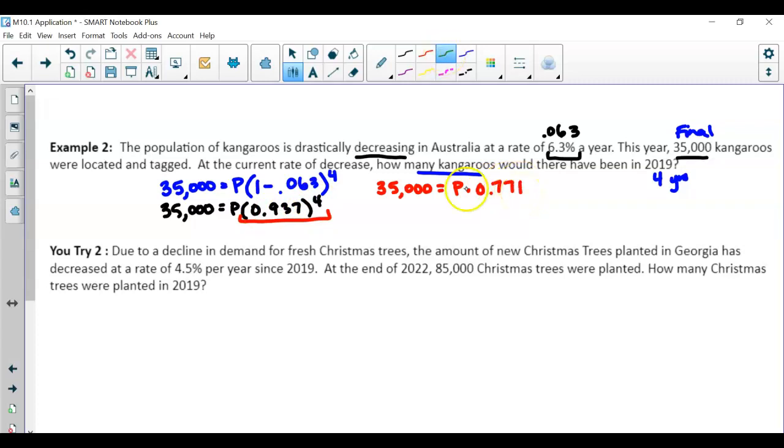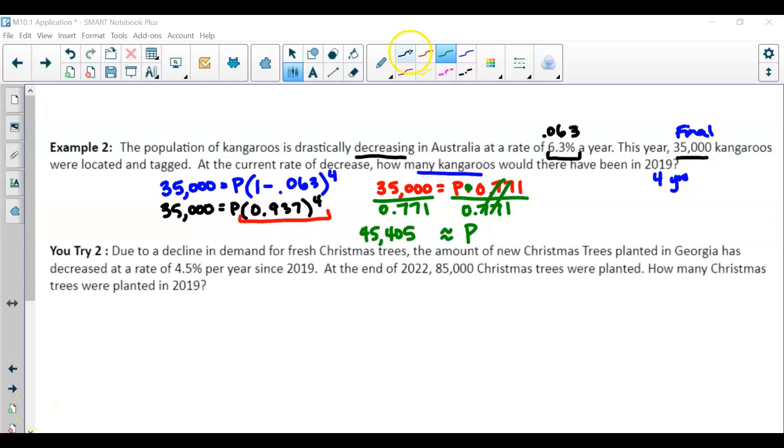So now we can solve for P, but if it's being multiplied by our decimal value here, then we're going to do the opposite, which is divide by that decimal value. And so now I've got that P, the initial, back in 2019 was approximately 45,405 kangaroos. Go ahead now and pause the video and try the U-try on your own.